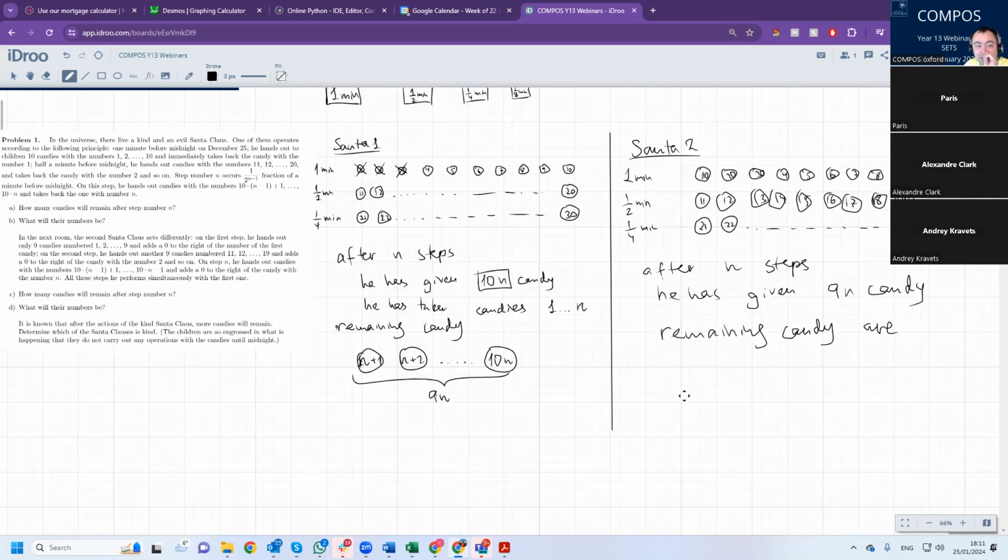The remaining candy are n plus 1, n plus 2, etc., excluding the round numbers, up to 10n minus 1.